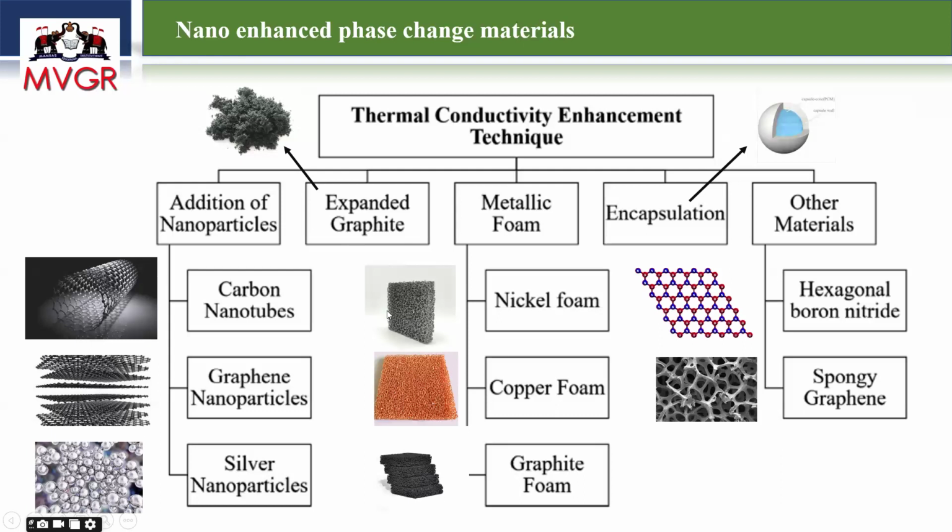So we can arrest the leakage issue. Expanded graphite, like carbon material, has high thermal conductivity, and metals also have high thermal conductivity. So we can sort out the thermal conductivity problem and also arrest the leakage issue. For example, let us take a sponge material.